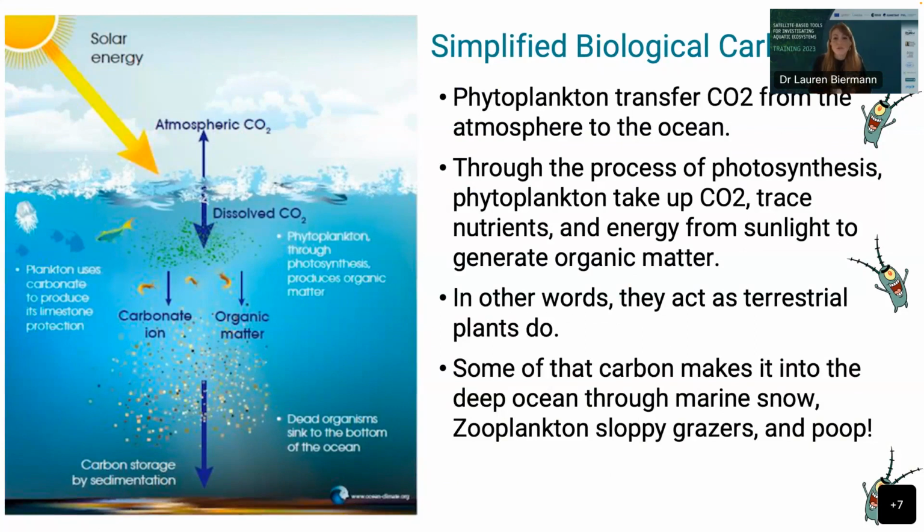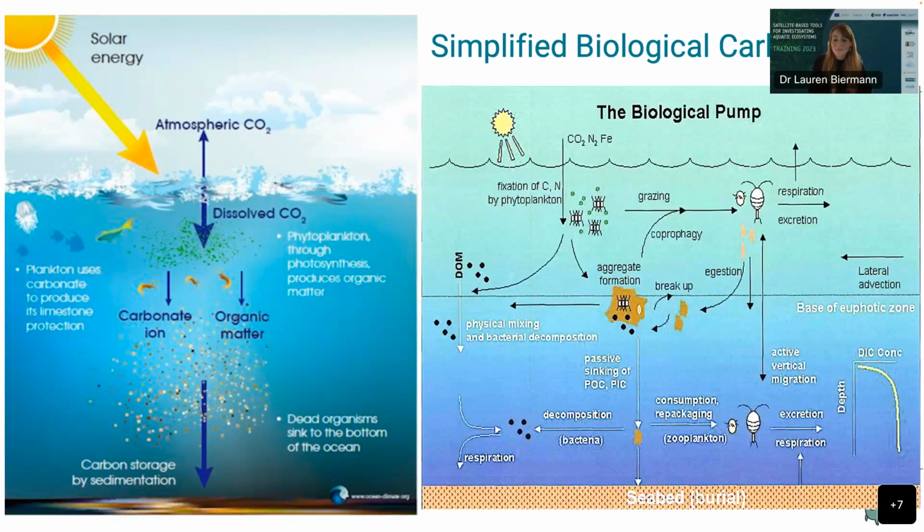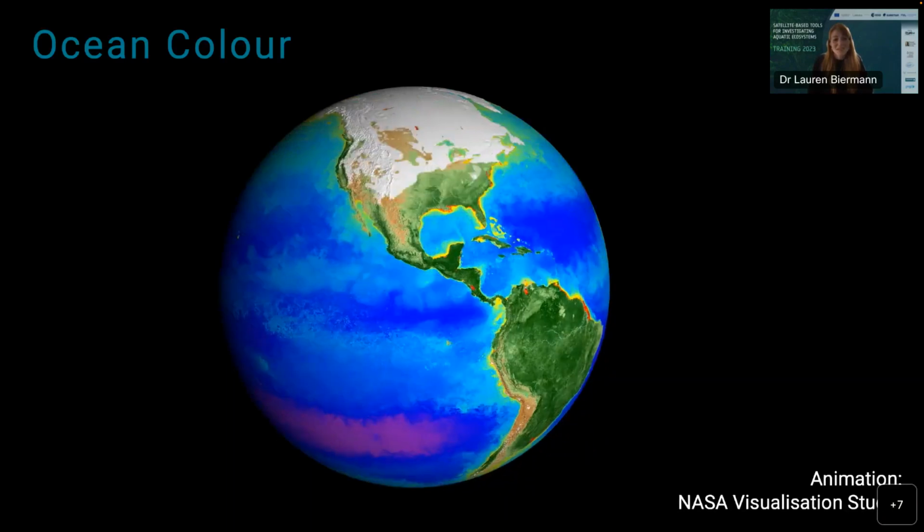But through the process of photosynthesis, they take up carbon dioxide. They're responsible for removing more atmospheric CO2, and they convert that into organic matter, which then gets eaten and sinks. So this is very simplistic, but don't worry about it. You're going to hear a lot more about this from Anna, who's going to talk about the role of phytoplankton in ocean color.